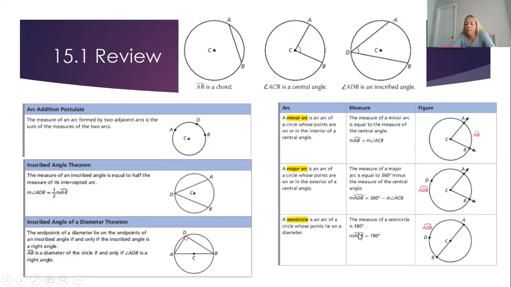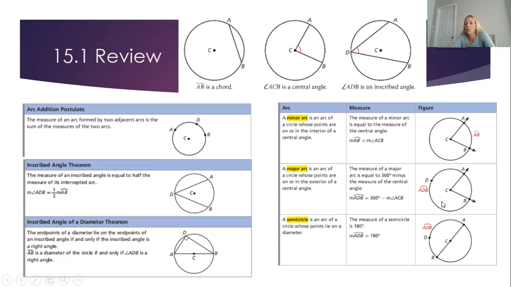And then semicircle, we again said the arc of a semicircle is always 180 degrees. Know that the measure of a circle is always 360 degrees. And so here, if we take the major arc and subtract it from 360, the measure of angle ACB, central angle, is equal to its arc. Central angle is equal to its arc.